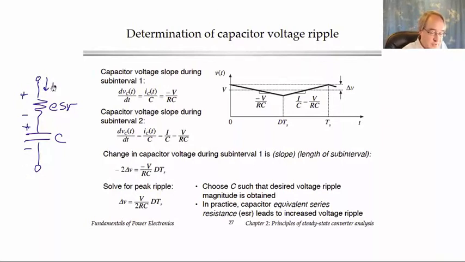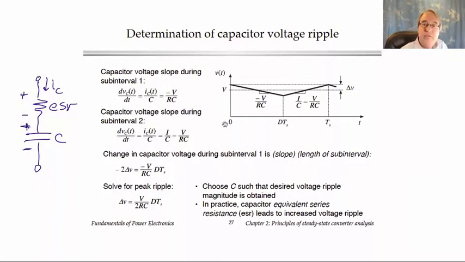So if we know IC, then you can multiply IC by the ESR and get the voltage waveform across the ESR, and then add that to this voltage ripple waveform that I've just drawn, which would be the voltage ripple on the ideal part of the capacitor.